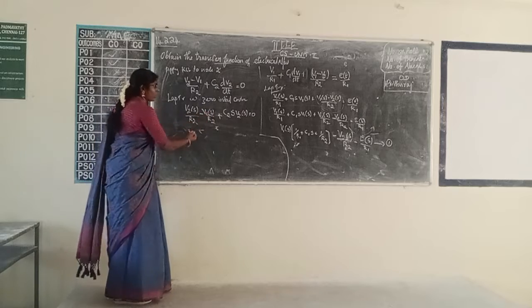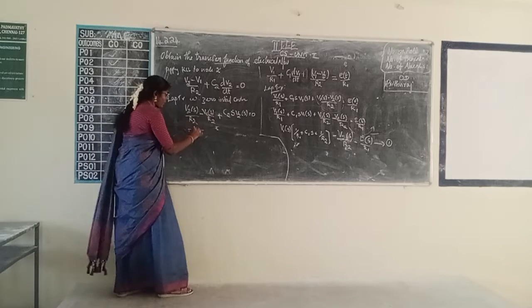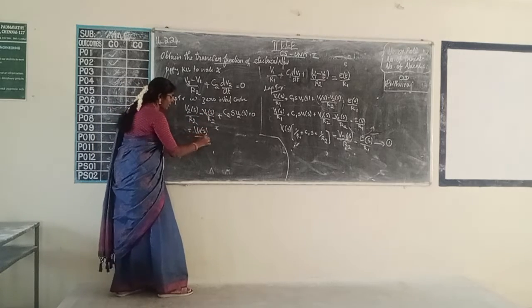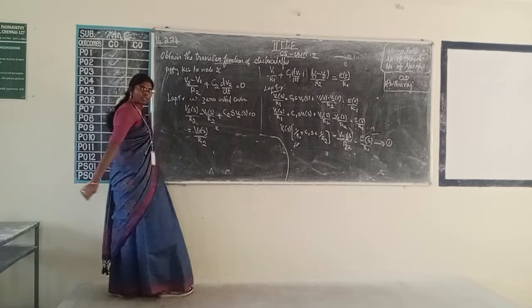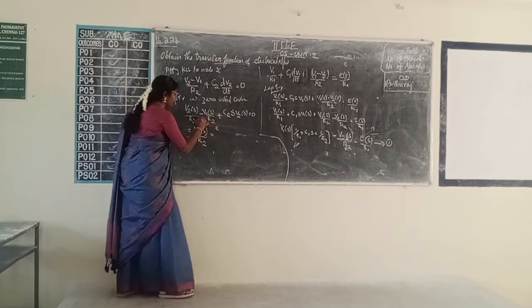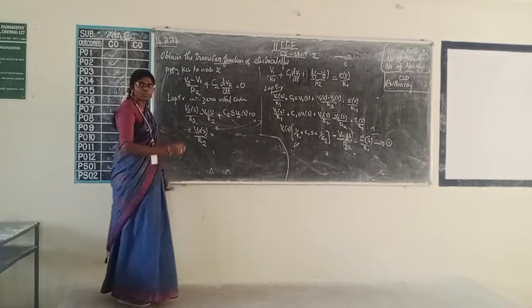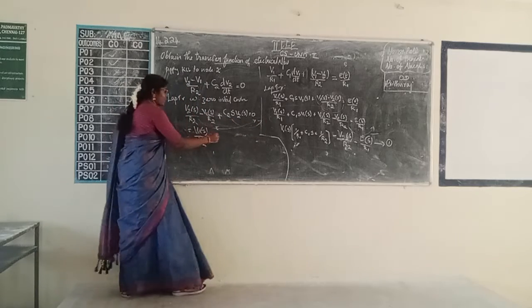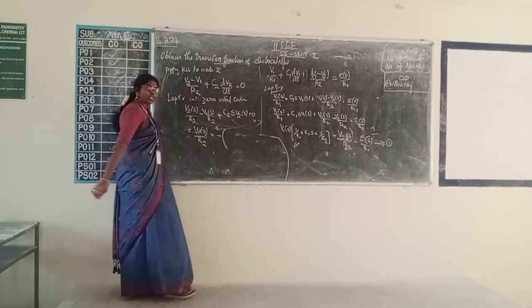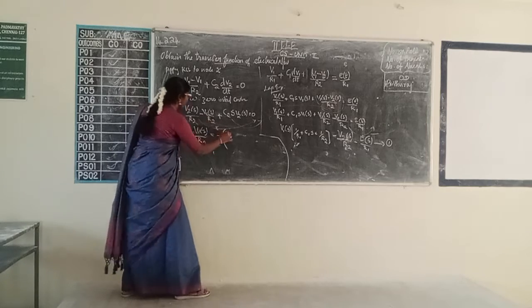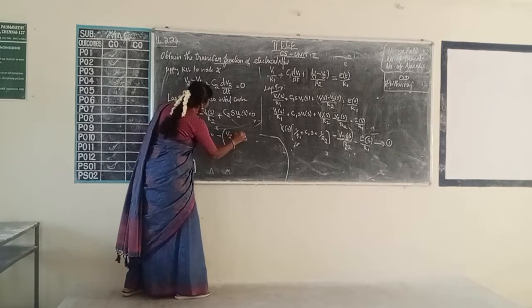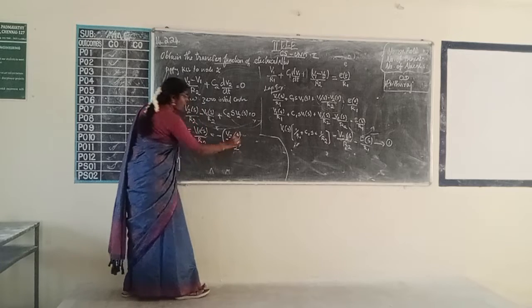So let this term be left here. That is minus V1 of s by R2, is equal to what? If I take these two terms to the right hand side, what happens? It will go into the minus. So shall I take the minus common outside? That is minus of V2 of s divided by R2.